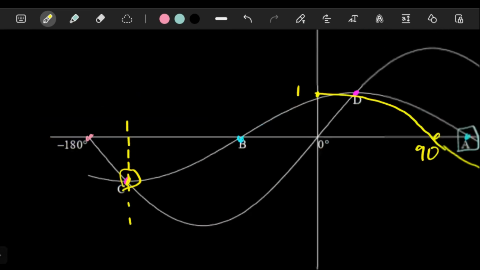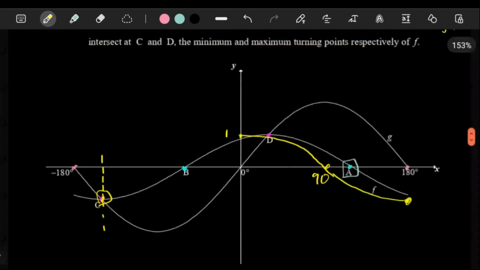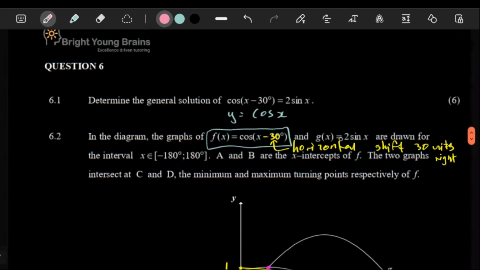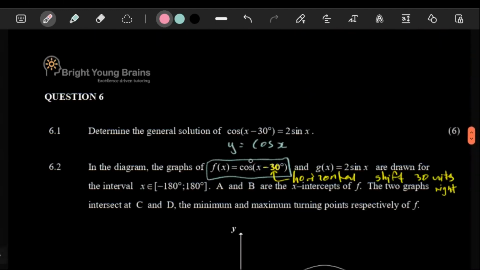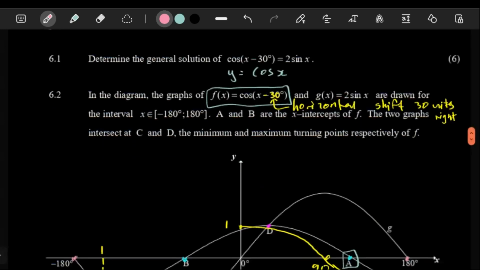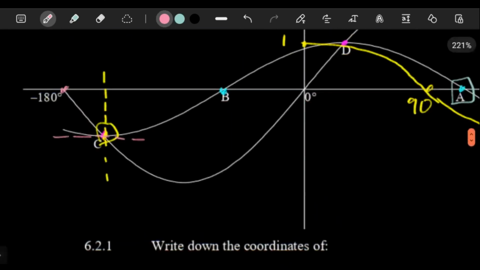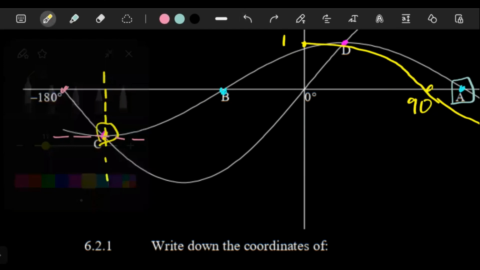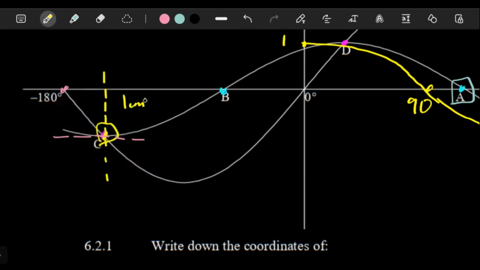This is a turning point of the one graph, so there's an x value and a y value. What we can see is that the graph of f, the amplitude is still 1, which is okay. So going downwards, this is 1 unit, 1 unit, 1 unit.